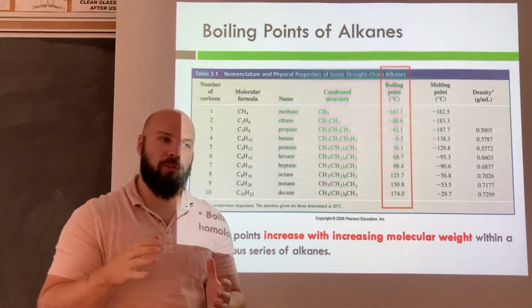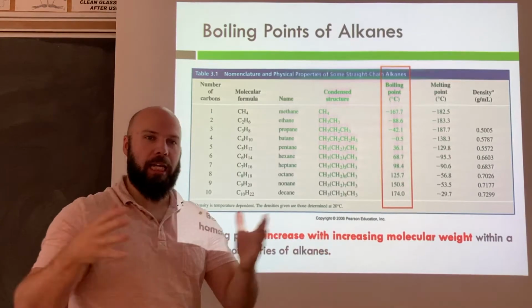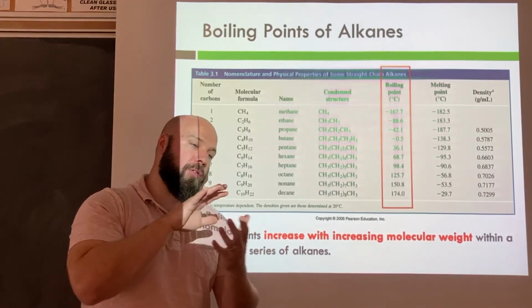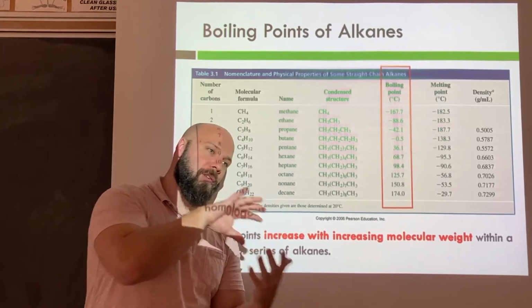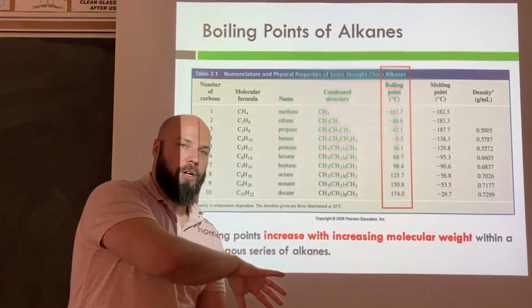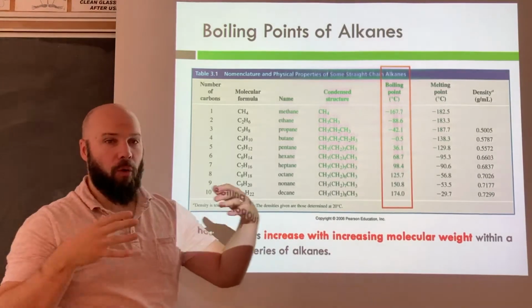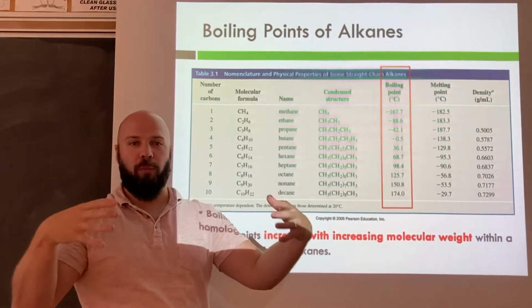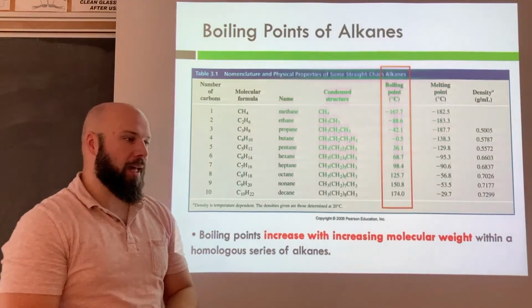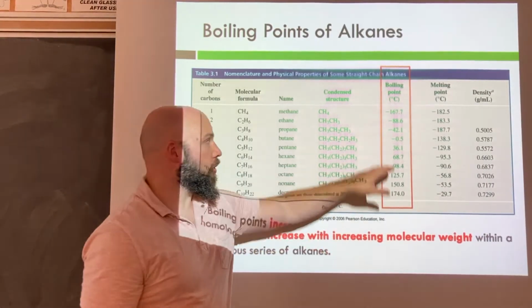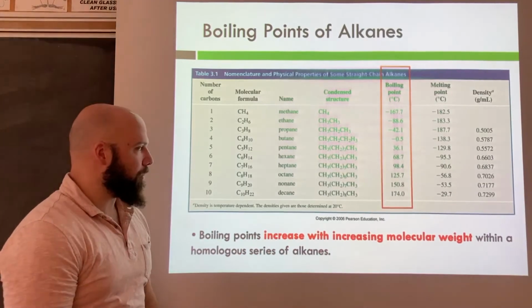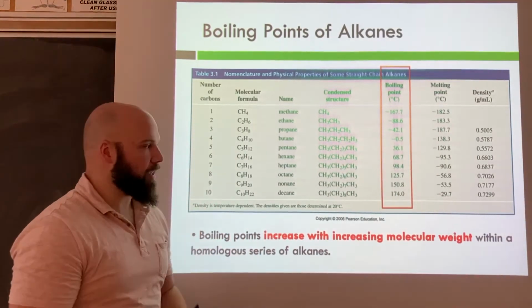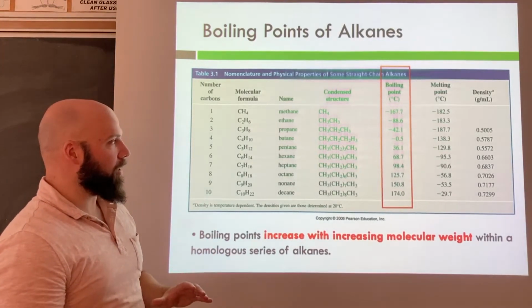London dispersion forces are that instantaneous dipole caused by electrons going over to one side of the molecule and having that very slight partial negative charge on one side. If you have more electrons, then you're going to have more surface area for London dispersion forces to occur, and thus we have an increasing boiling point based on increasing mass and increasing electrons in the molecule.